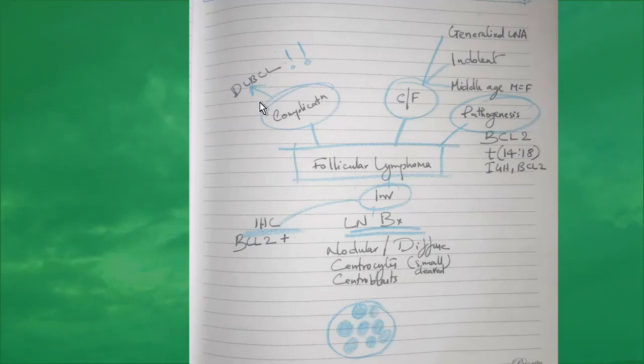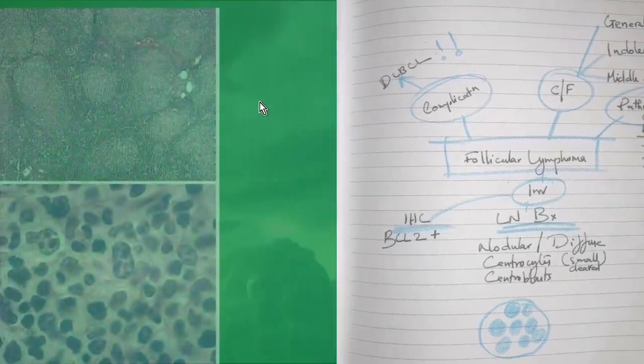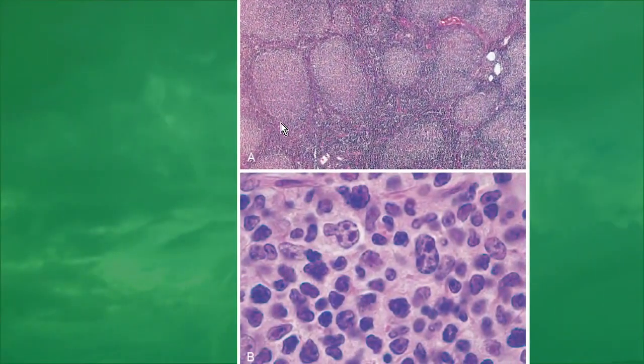Follicular lymphoma can get converted into a DLBCL, diffuse large B cell lymphoma, which is very aggressive compared to follicular lymphoma. So see that these are the follicles of follicular lymphoma.